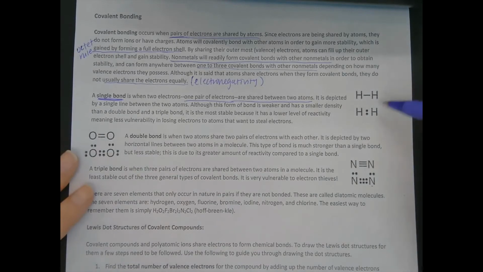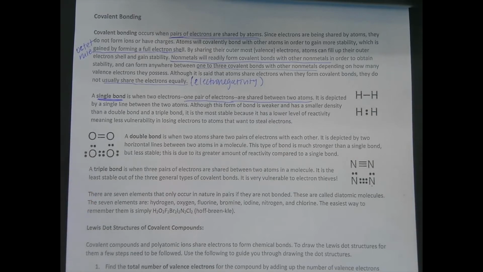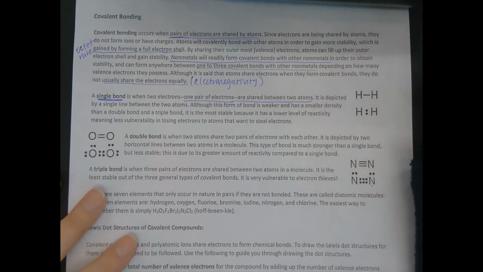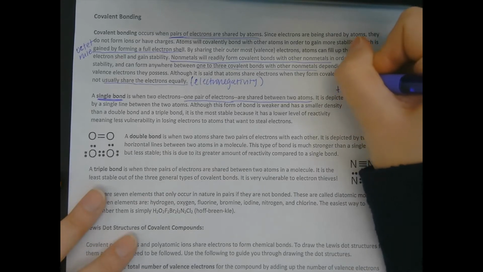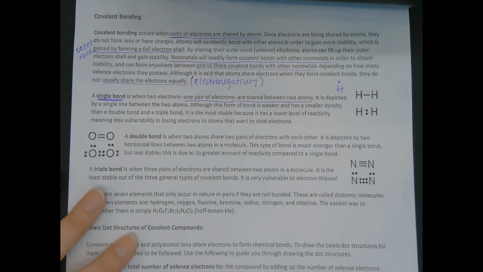Okay, so what we need to look at is this picture over here, which is hydrogen. Hydrogen is in group 1A. But it is not a metal. It's not part of the alkali metal groups. Hydrogen is a nonmetal. So hydrogen, the way we would normally draw the Lewis dot structure is H and then a dot. Yeah? Okay. Well, if hydrogen needs to follow the Octet Rule, remember, it only has that s orbital.